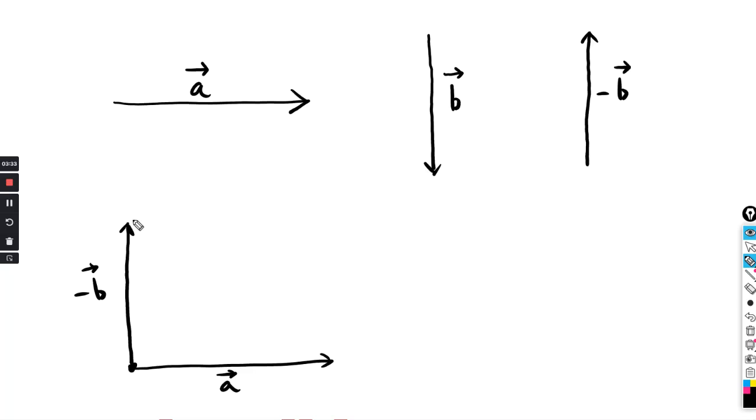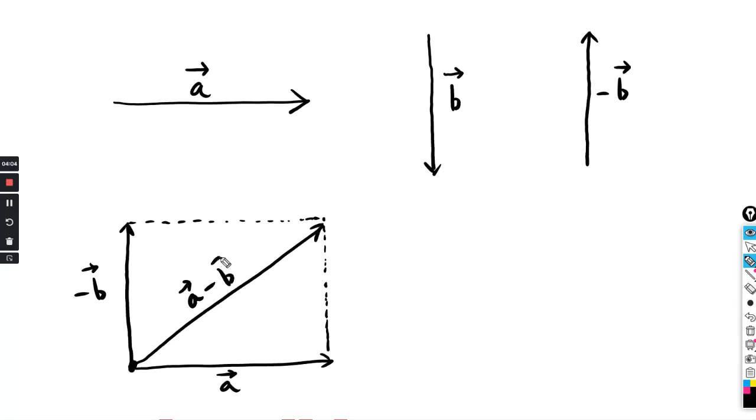The opposite sides have to be parallel and congruent. So you want to do that and that. Okay, and then you take the initial point and you draw the only diagonal possible from that point, like so. Okay, and that vector will be A minus B. Okay, it's actually the same as adding A plus negative B.